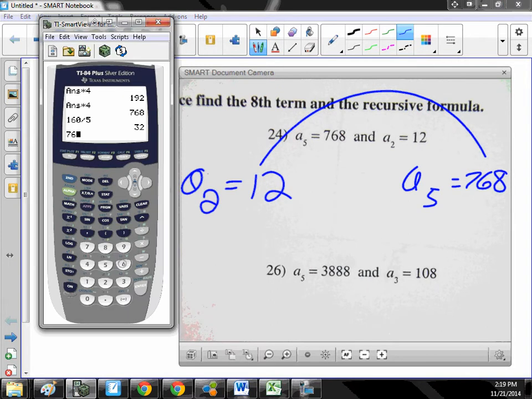So 768 divided by 12, what does that number mean? So over the course of 3 n's, I increase 64 times. So if I divide that by 3, now I get 21.33. So in theory, I should be able to do 12 times the answer times the answer times the answer.